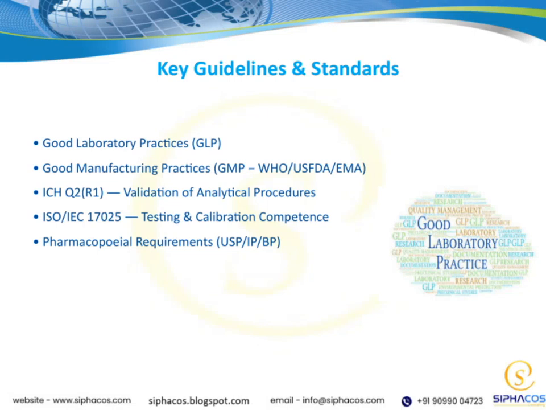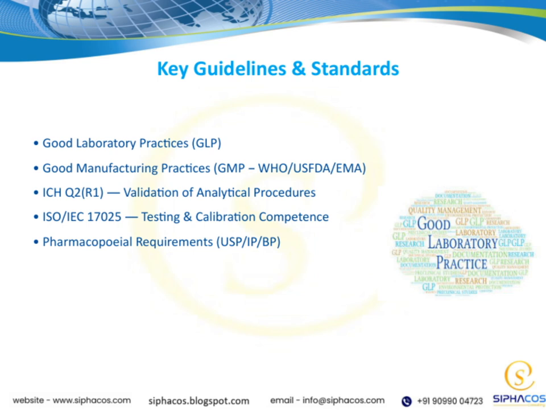When we talk about key guidelines and standards, we're really emphasizing the importance of following established practices to ensure quality and consistency. First, there's good laboratory practices, or GLP, which set the framework for conducting reliable and reproducible lab work. Then, we have good manufacturing practices, or GMP, which are crucial for ensuring that products are consistently produced and controlled according to quality standards.